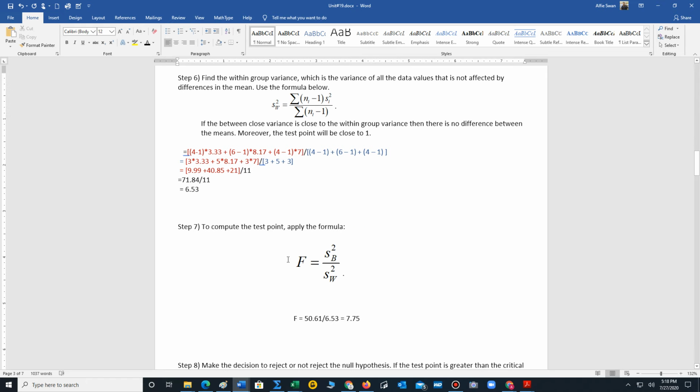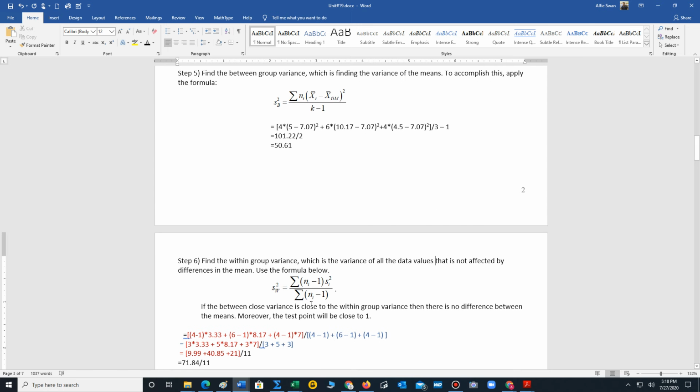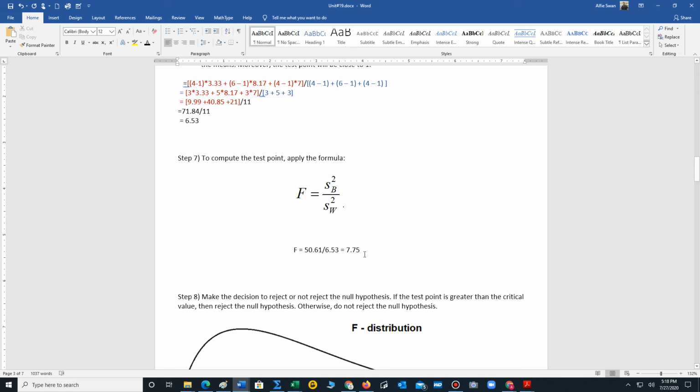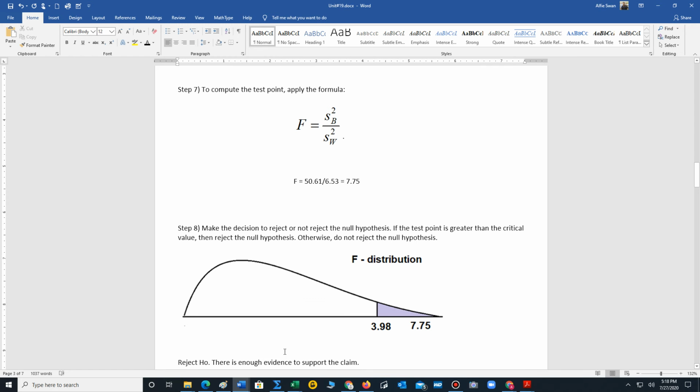Now finally, we calculate our test point. Remember, we're using the F-test. So F is the between group variance over the within group variance. So we divide 50.61 by 6.53. We get 7.75. Now we make our decision. We're using the F distribution. It's asymmetrical.